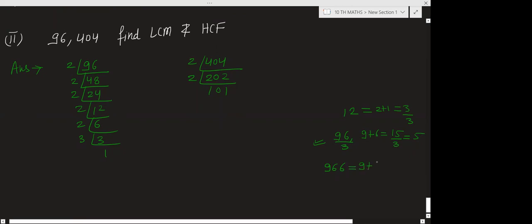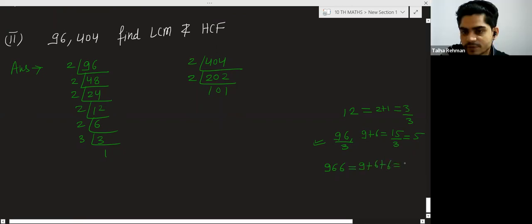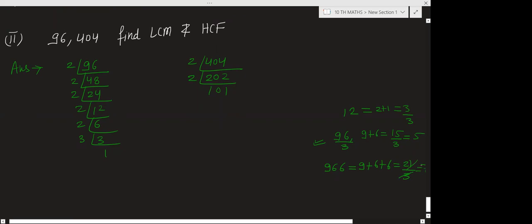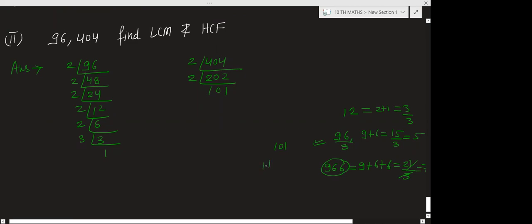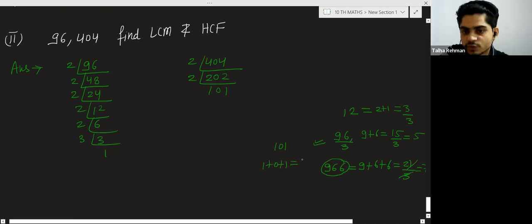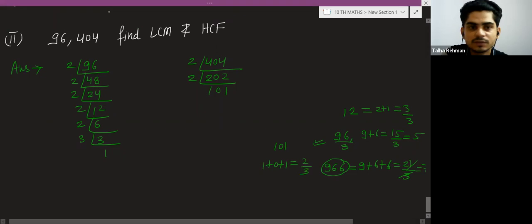Add the digits. This will be 21 and dividing 21 by 3 is completely divided, so this number can be divided by 3. So here is 101 and add the digits 1 plus 0 plus 1 means 2. 2 cannot be divided by 3.